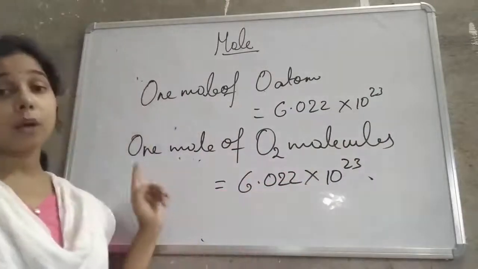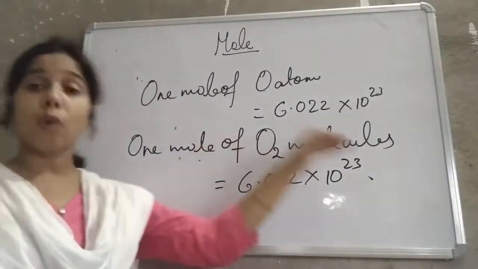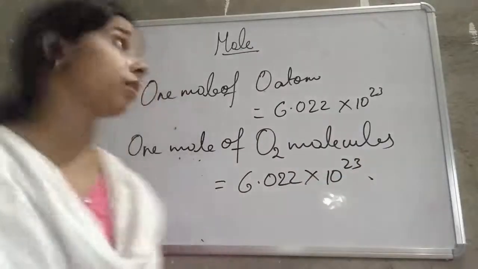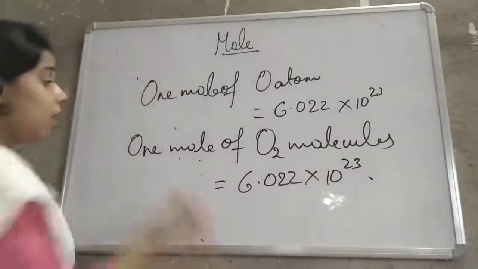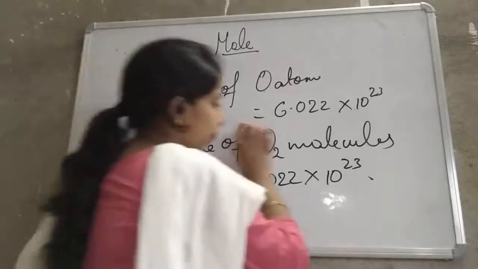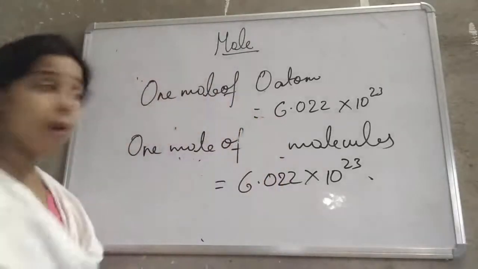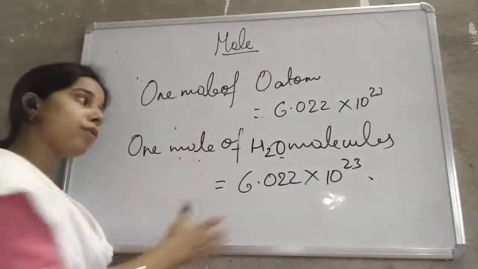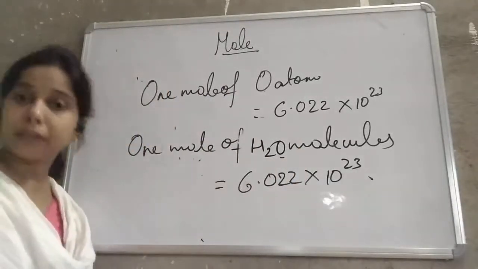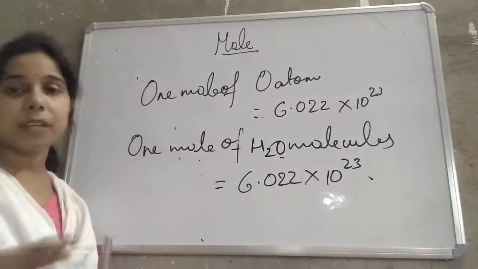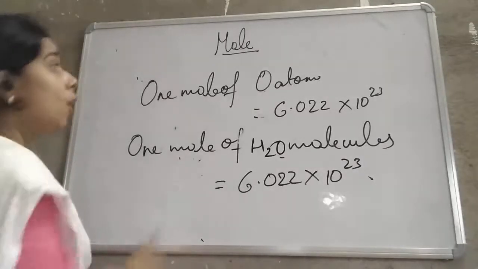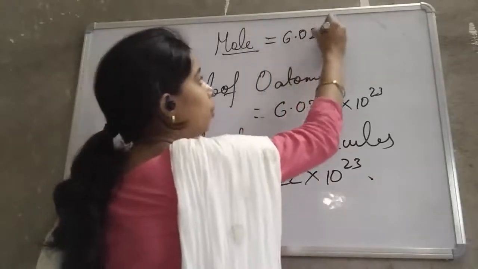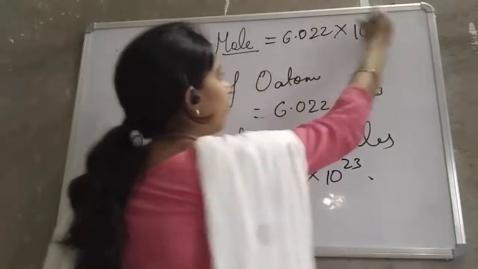If we talk about 1 mole of oxygen molecules, that also equals 6.022 × 10^23. If we talk about 1 mole of H2O molecules, that is also 6.022 × 10^23. So we come to the conclusion that 1 mole is equal to 6.022 × 10^23.